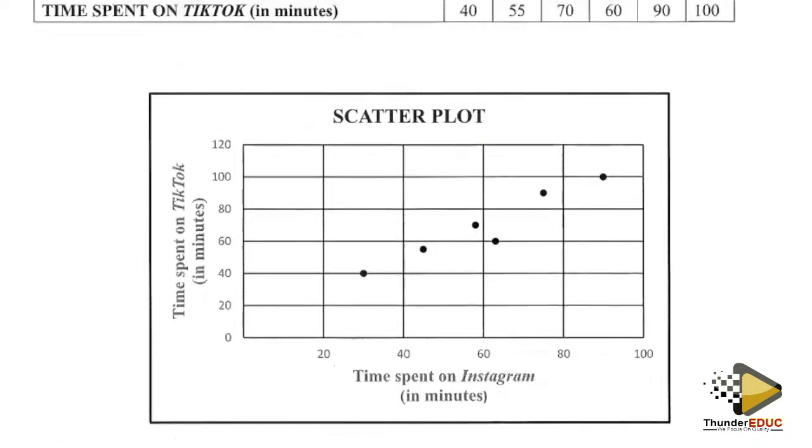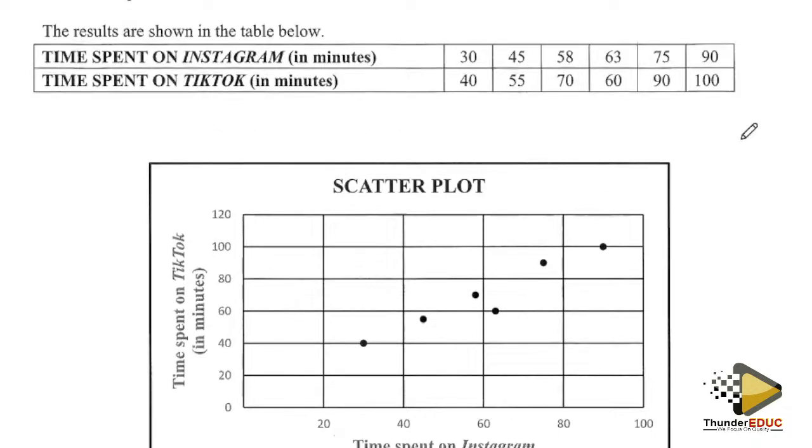Remember, for us to even get the correlation coefficient, we need to know how to operate our calculators. Step number 1, we choose the mode. From the mode, we look for Stat, which is usually number 2.